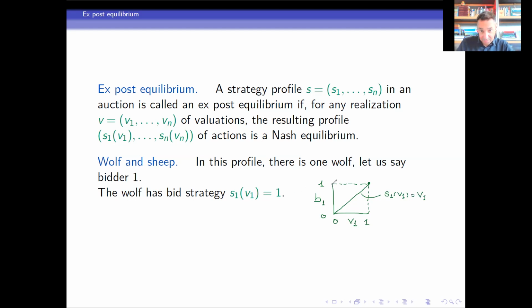But this strategy is simply the constant strategy that has bid 1 regardless of the valuation. So that's how you have to think of that. It's a constant bid function.